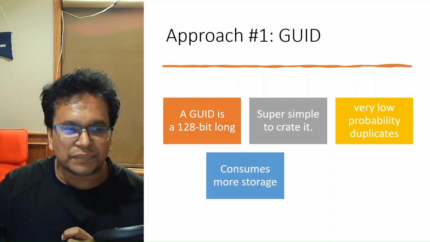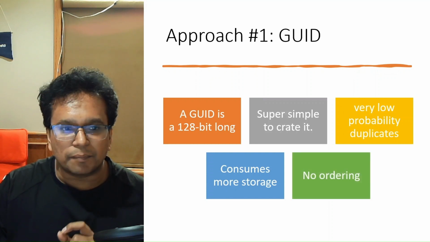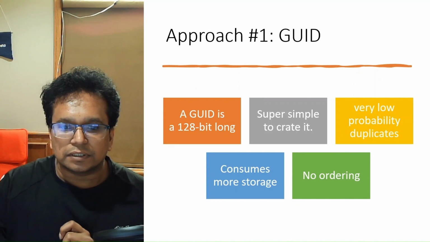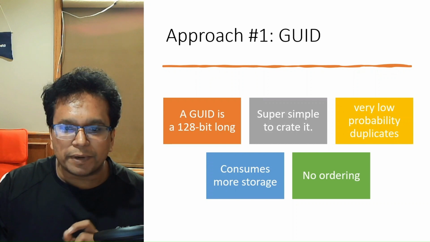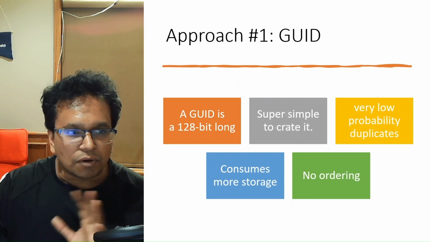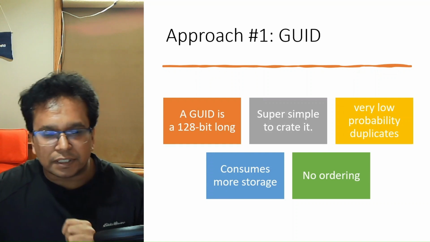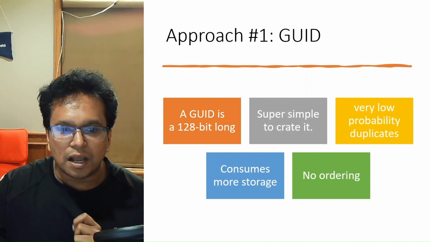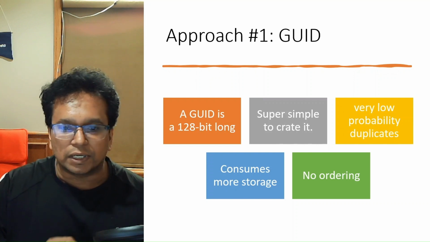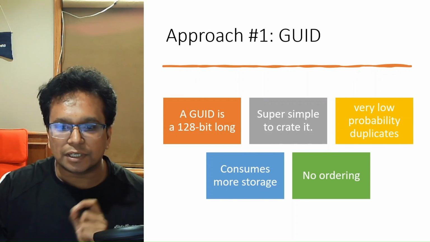Additionally, since GUIDs are completely random, they have no ordering. So they do not fulfill our requirement for monotonically increasing IDs. Combining all these situations, we will not move further with GUIDs. Let's move on and investigate other potential approaches.